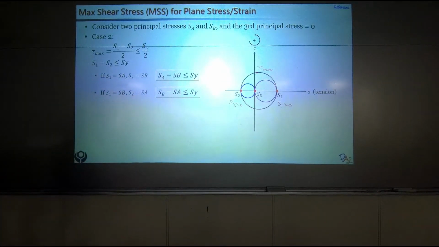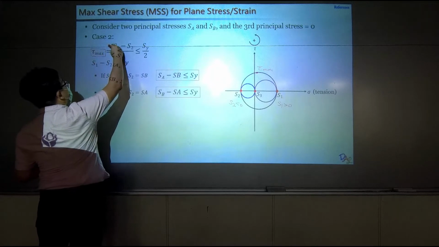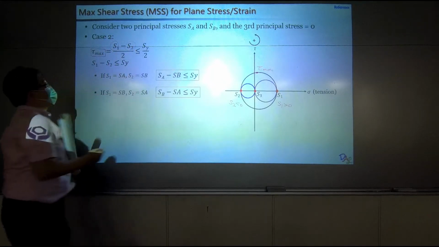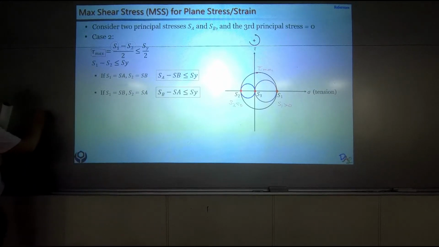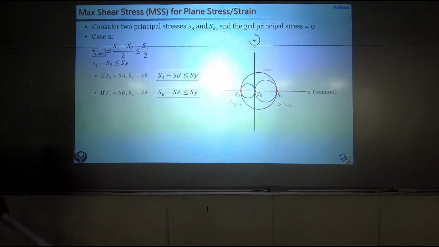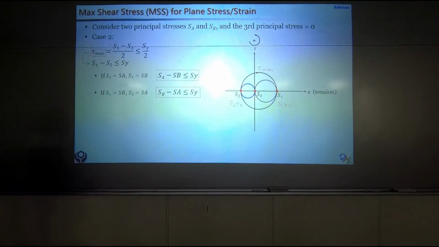If that's where you have your largest shear stress, in this case, your largest shear stress should be calculated by the difference between S1 and S2. Okay. So if that's the case, we can reduce this to here. In this particular case, we have S1 minus S2 must be smaller than S1.